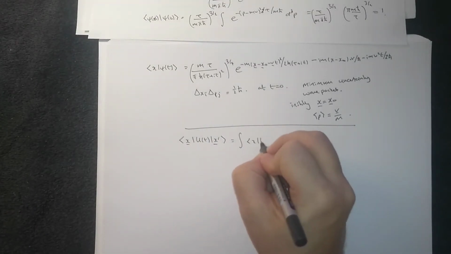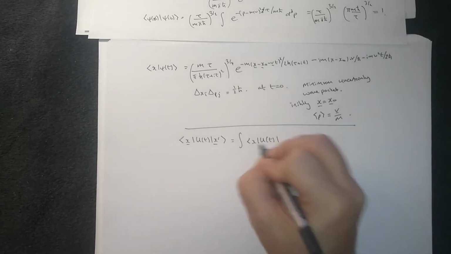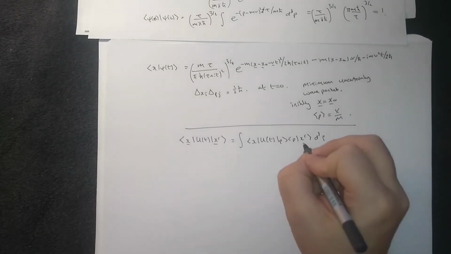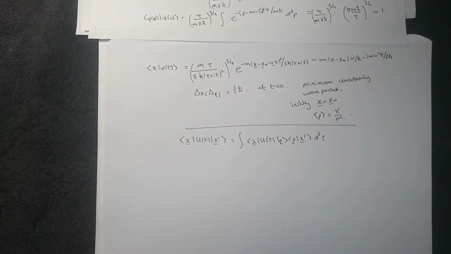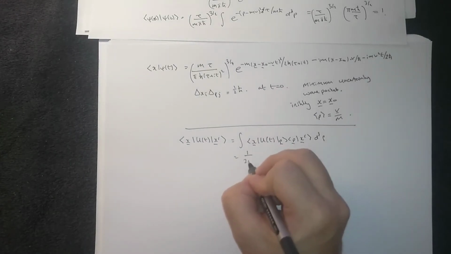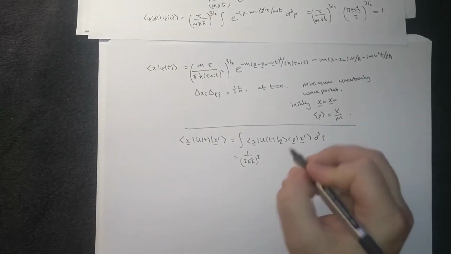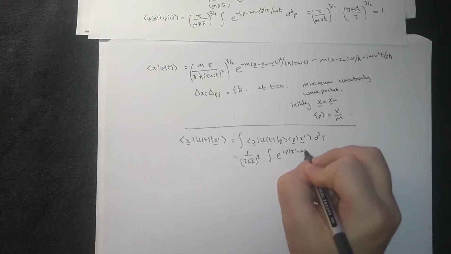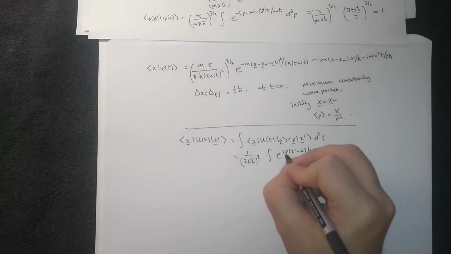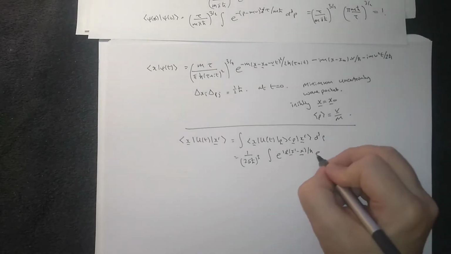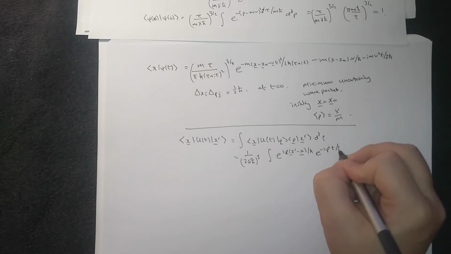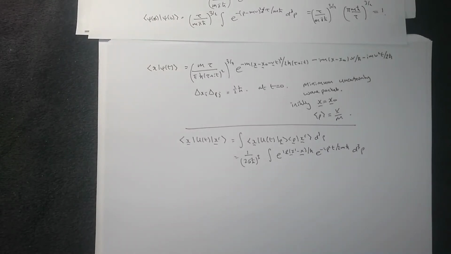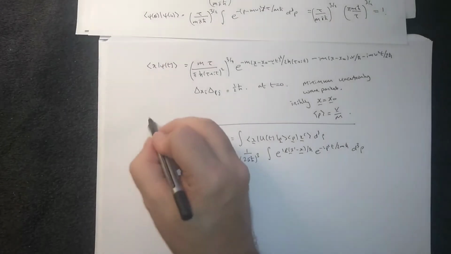That's the integral of x U of t p, p x prime d3 p, and that's 1 over 2 pi h bar cubed the integral of e to the i p dot x minus x prime over h bar, e to the minus ip squared t over 2m h bar, d3p.